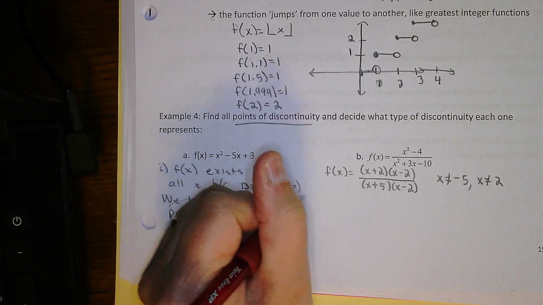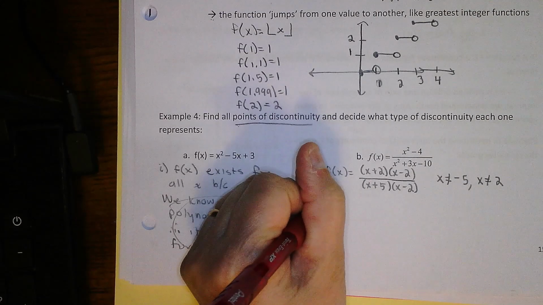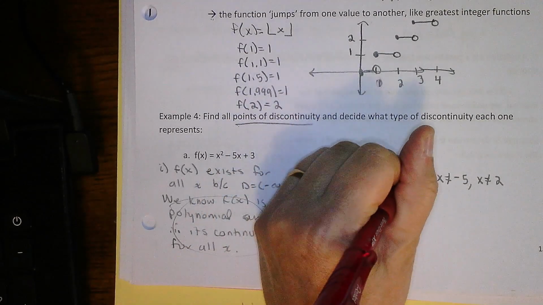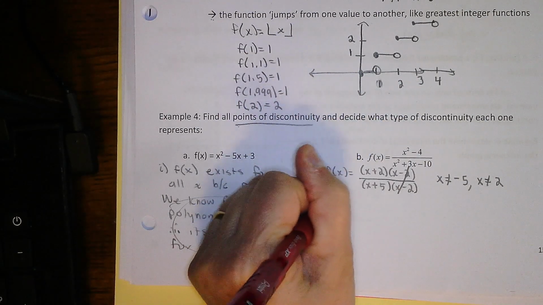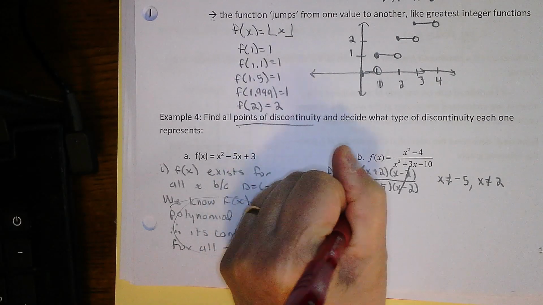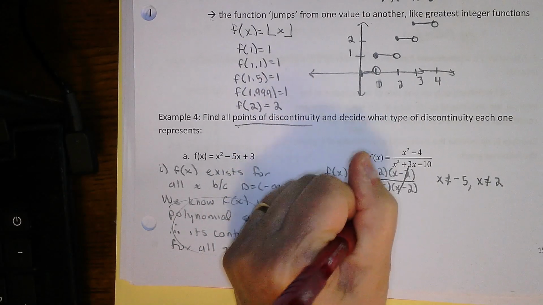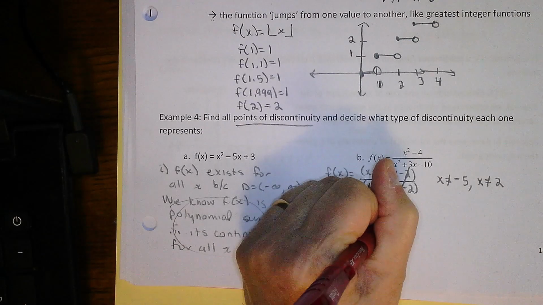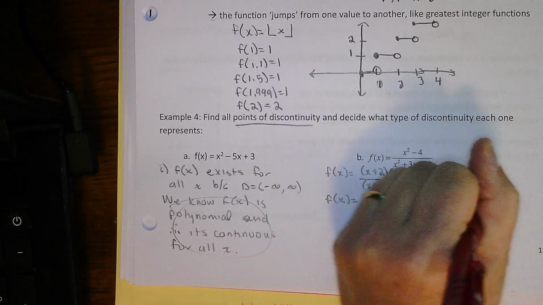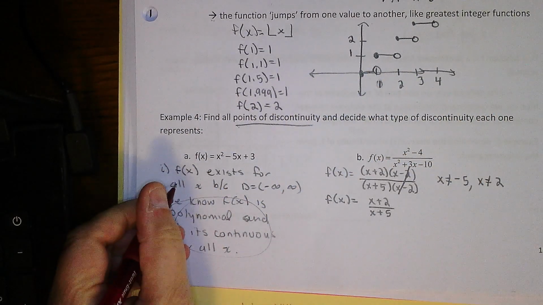Then we can cancel, so f of x can be written as x plus 2 over x plus 5. We know it's discontinuous here because of point 1.